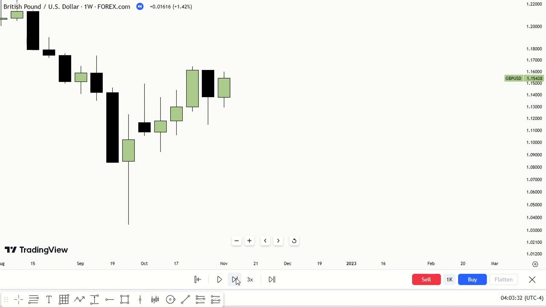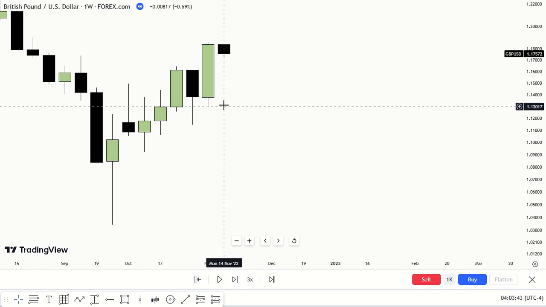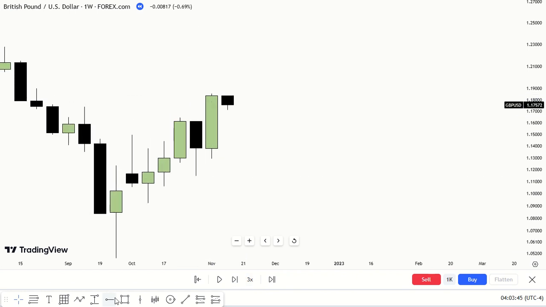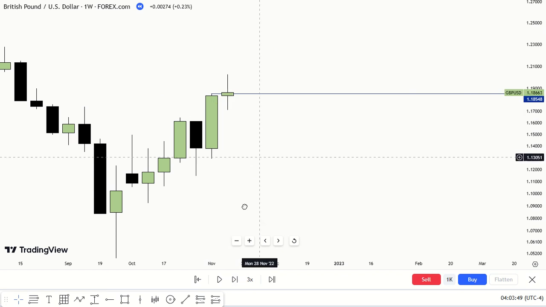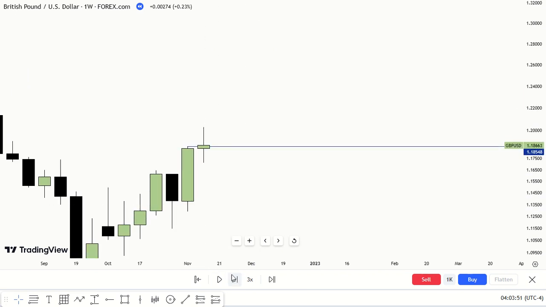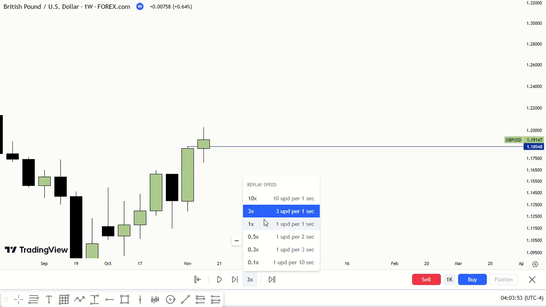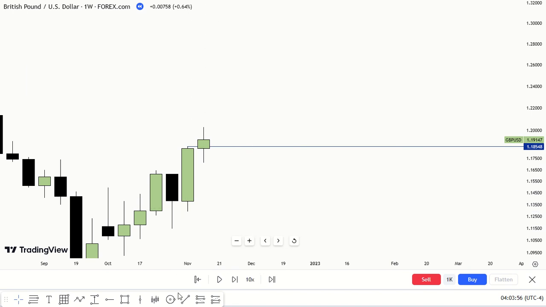Let's see, if price closes above this high, then we'll be looking to see the previous week high as our drawn liquidity. Okay, it does that. Our drawn liquidity would be this high. To it and through it. Let me just increase this. Drawn liquidity is the previous week high.